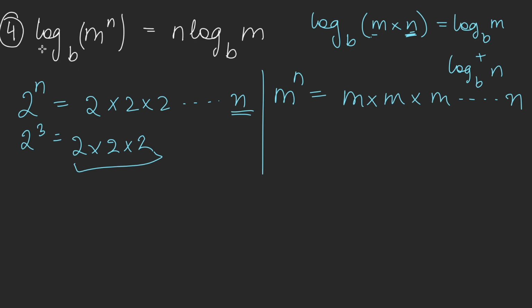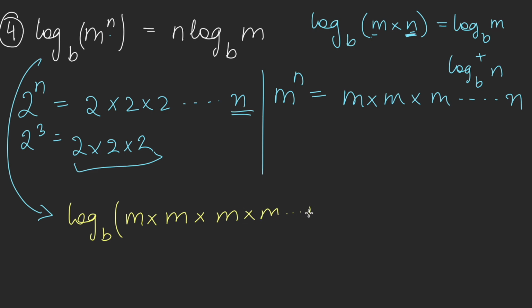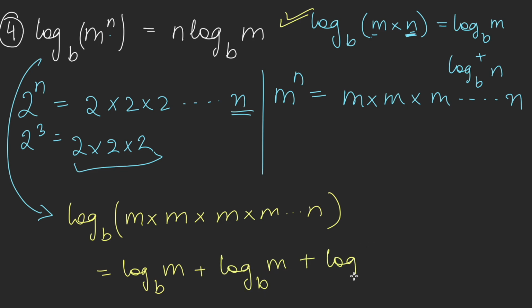Similarly, log b m to the power n can be written as log b of m into m into m into m for n times. Using my product rule, we know that when all of these terms are getting multiplied with each other, they can also be added up separately. So this can be written as log b m plus log b m plus log b m, goes on till n terms.